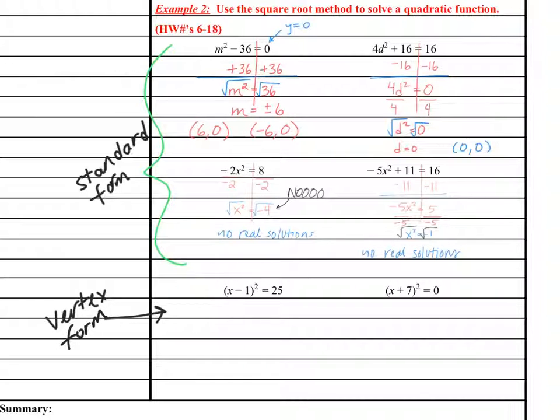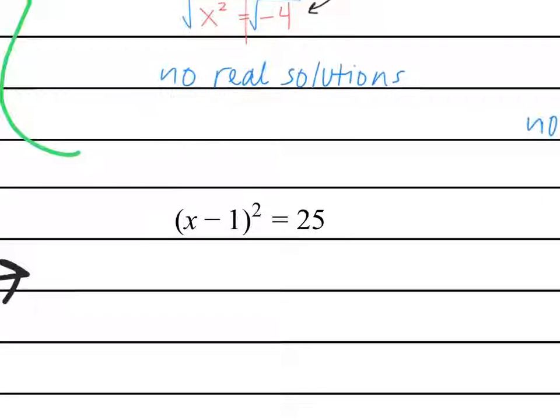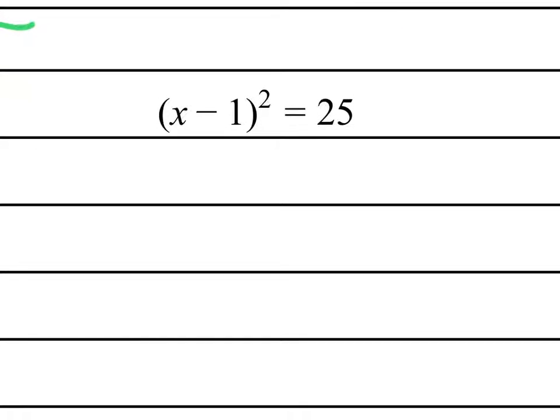Okay. So these are a little bit different. The squared part of it is already by itself. So you can take the square root right now, and that gets rid of the squared. What's the square root of 25? 5, positive 5, or negative 5.